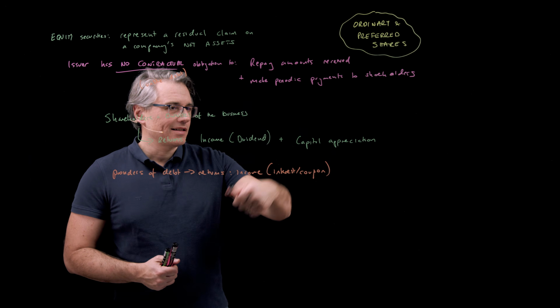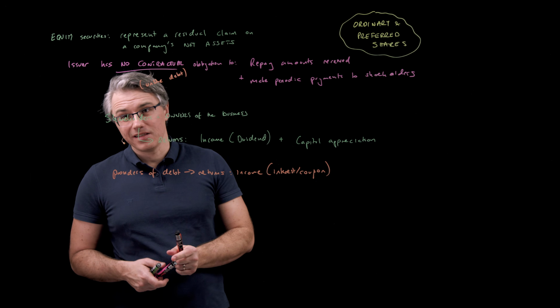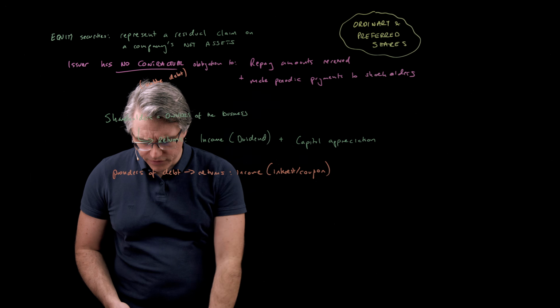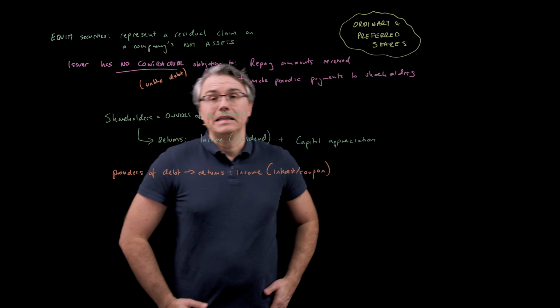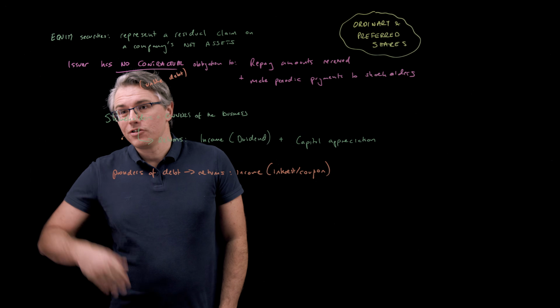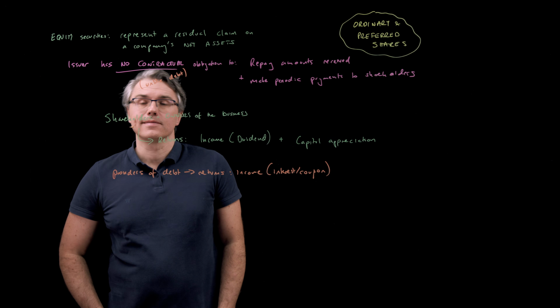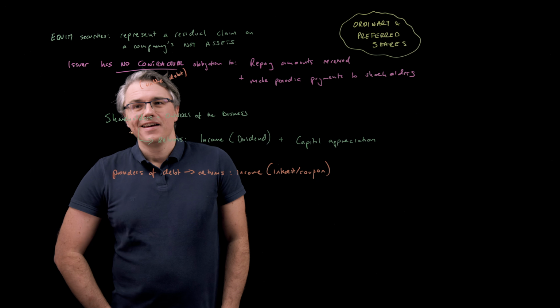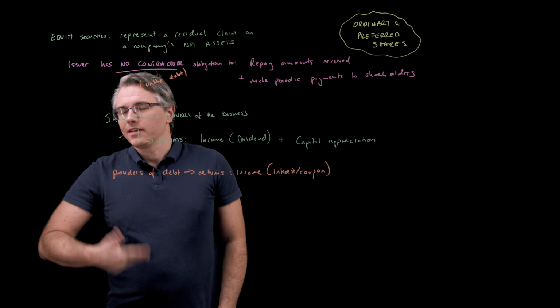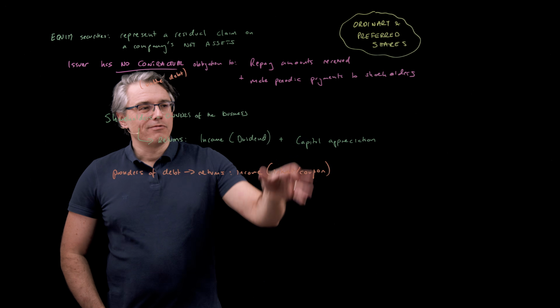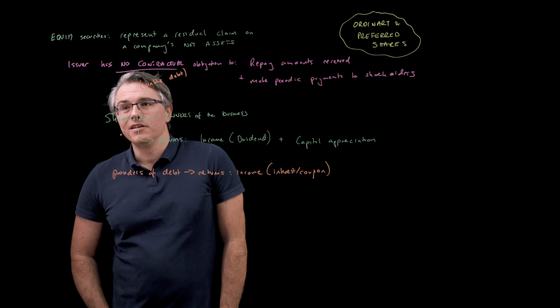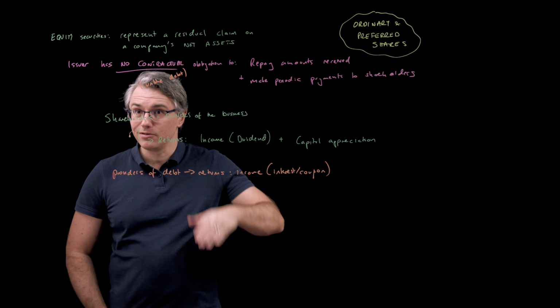But there isn't really that capital appreciation element unless you are buying distressed securities issued by companies in trouble which trade at a large discount, and things go right. The company is able to repay their bonds, and then you get that capital appreciation bit as well. With that, you're not really most of the time sharing in the capital appreciation, which is to do with growth in company value.